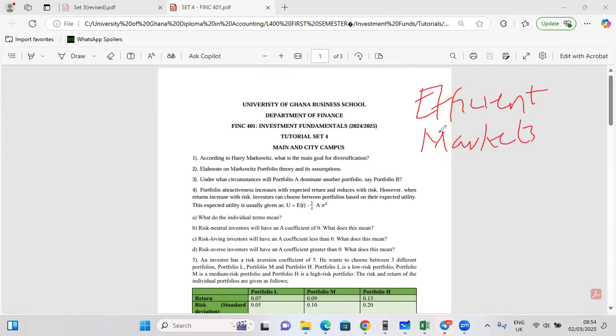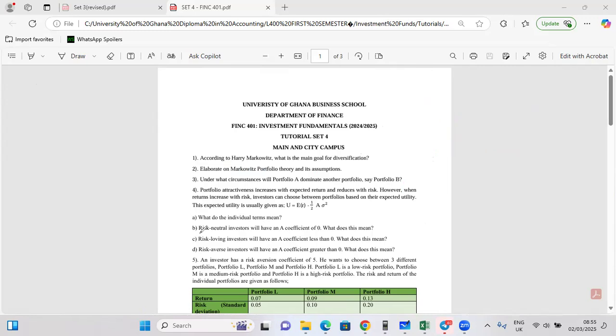So here, what Markowitz was trying to say, the assumption is that all investors have access to the same information and markets are efficient, meaning securities are priced fairly, reflecting all available information, right? So that's the second assumption. Let's move on to the third assumption.